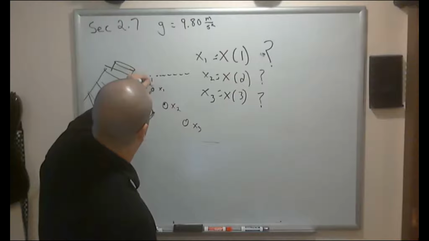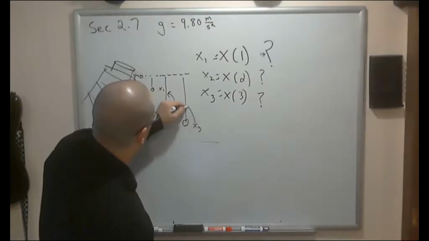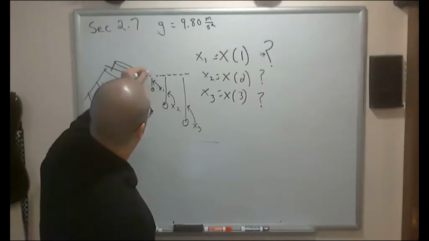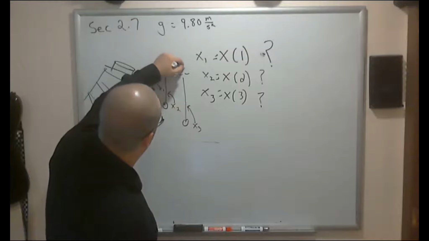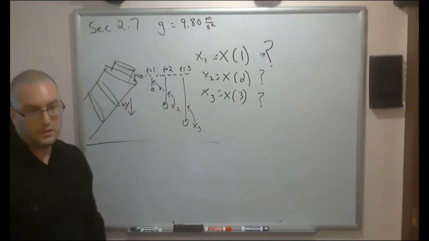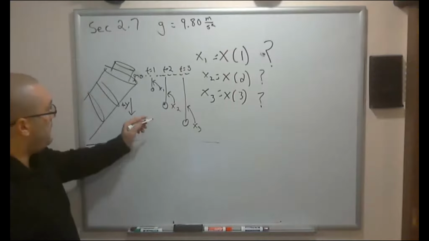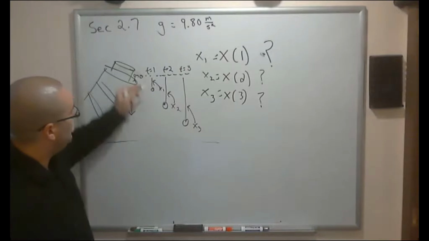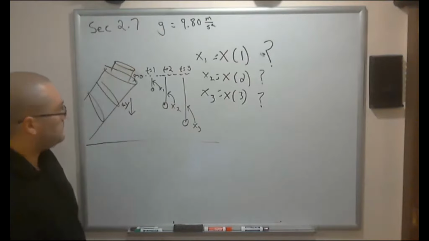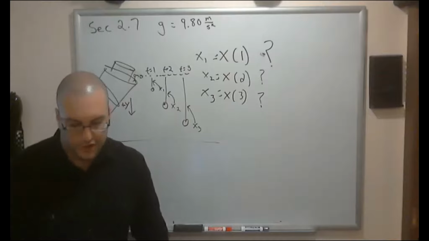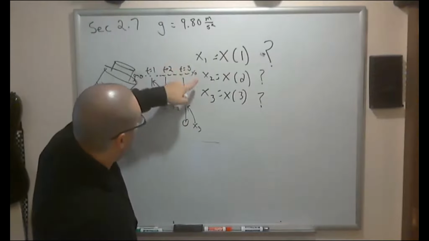We just care about this distance. And this is t equal to 1, t equal to 2, and t equal to 3. So all we care about is the distance from where you drop it.